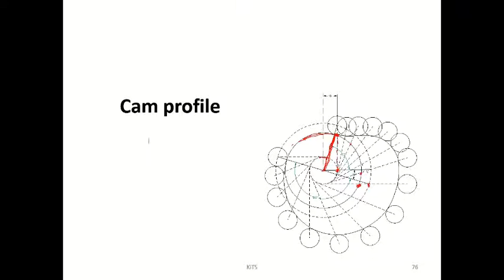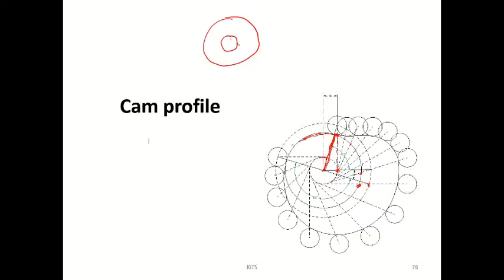See, first of all, you have to draw the base circle like this. And then draw the offset circle. Offset circle value is 18 mm, I think so. Draw that circle.